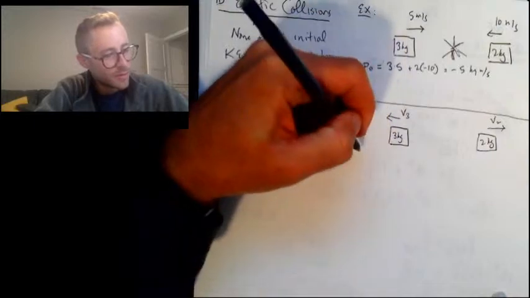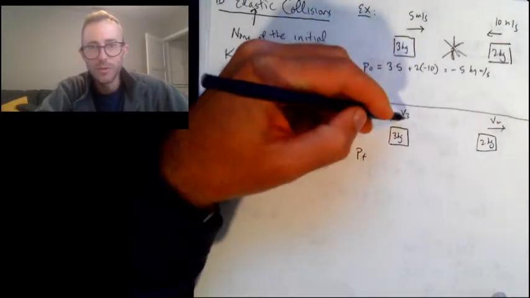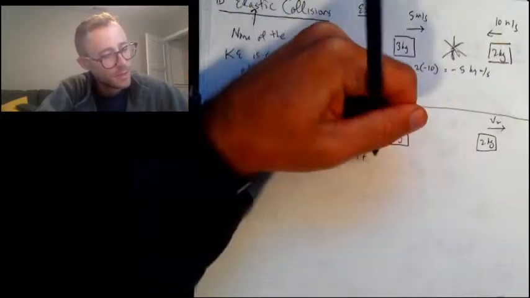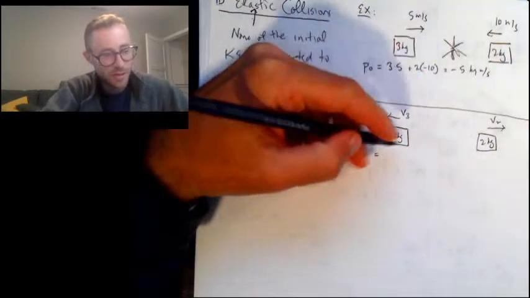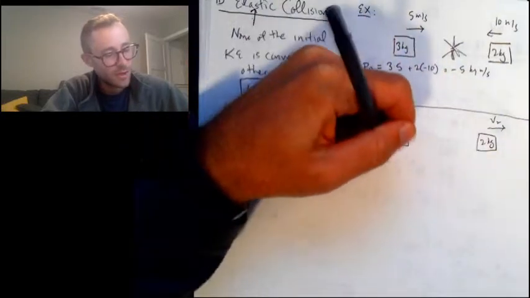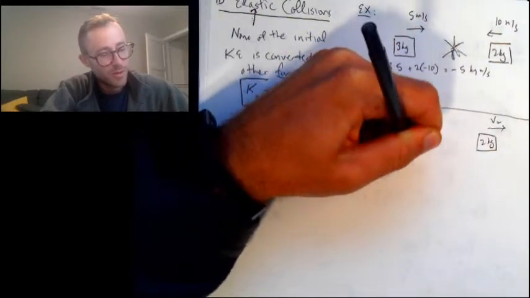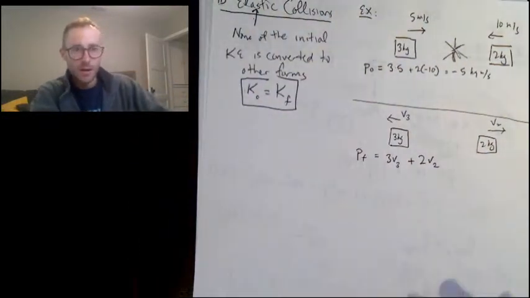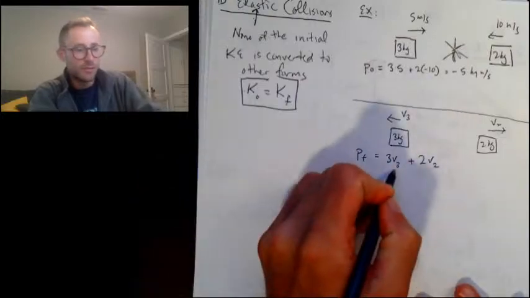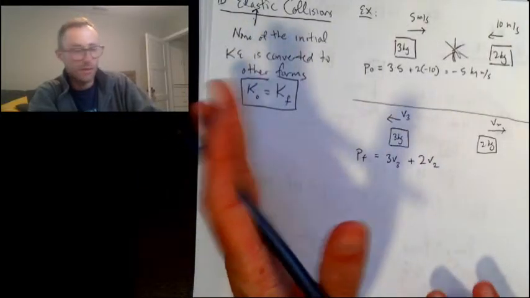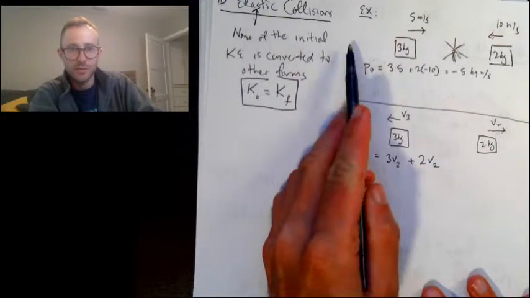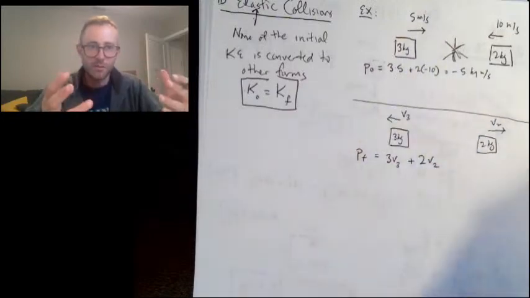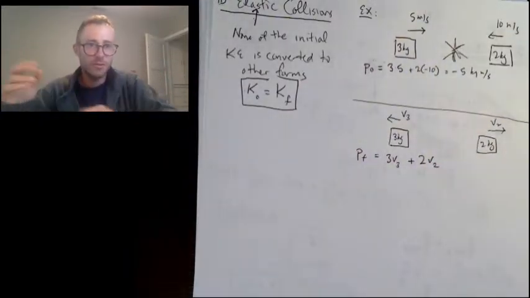The final momentum, we don't know what these velocities are, so we have to write an abstract expression for the final momentum. So it's going to be mv plus mv, so 3v3 plus 2v2. Okay. One important thing about this is I'm assuming that both velocities are positive. Even though clearly this one is going to get bounced to the left, when you write your abstract equation, you write it from the perspective of assuming that everything is going to be positive. Okay.